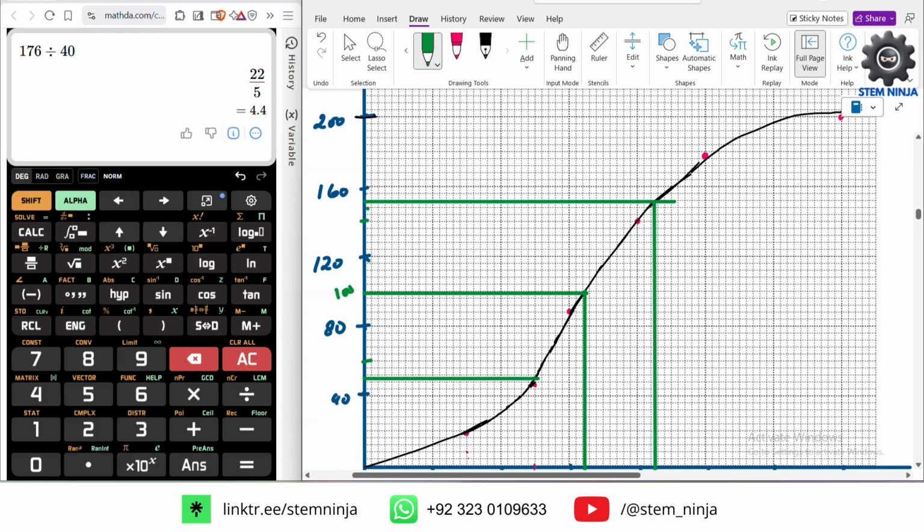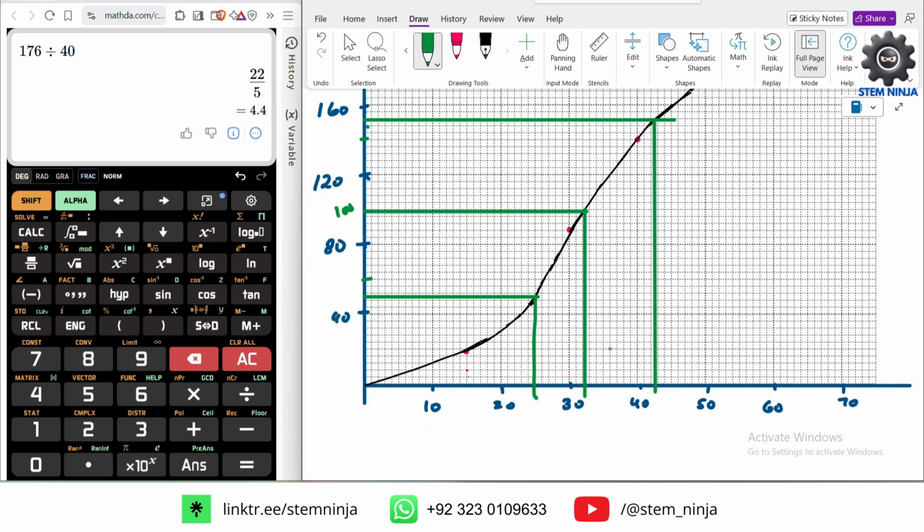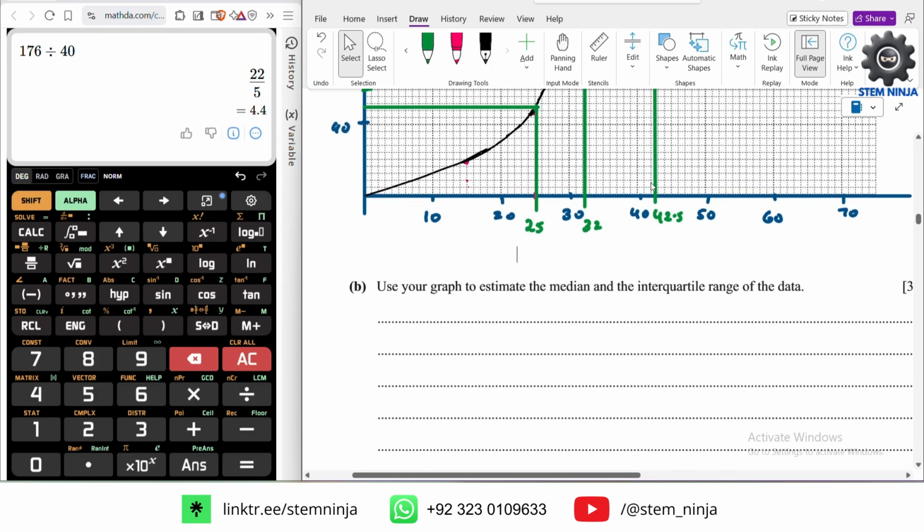So we need the values now. So this seems to be 32 roughly. This is 42.5, and this is 25 basically.